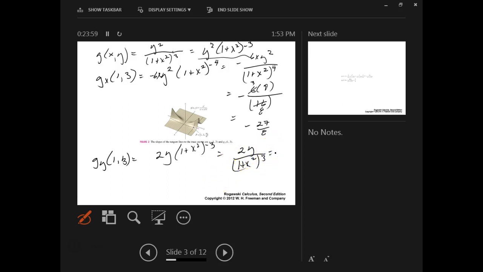And what would that equal at 1, 3? 6 over 16, which is 3/4. Exactly. And that's what they got.